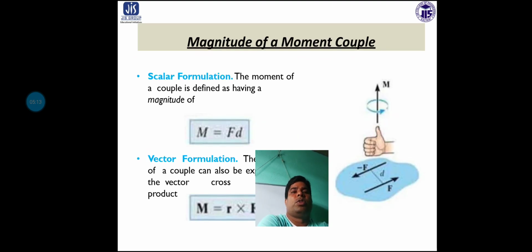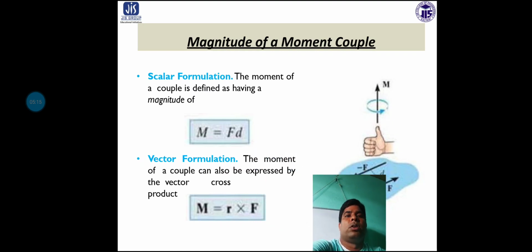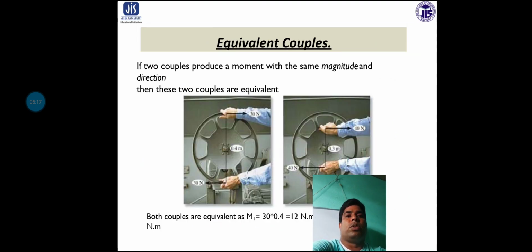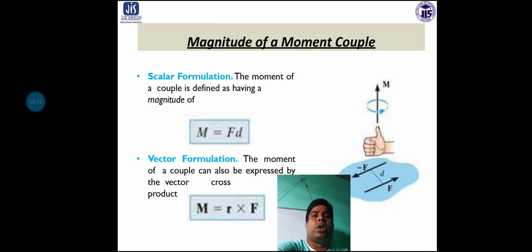The magnitude of the couple moment. In scalar formulation, the moment of a couple is defined as having a magnitude of M equal to F times d.